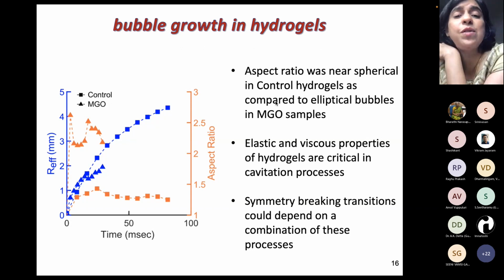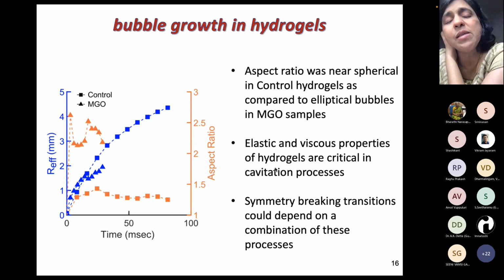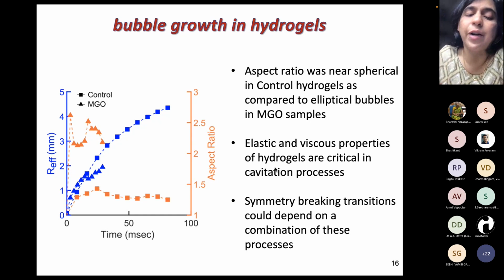Cavitation rheology is useful, but it cannot be used when we use complex strain energy density functions that include strain stiffening, where we cannot model these cavitation behaviors. We also think that both the elastic and the viscous properties of hydrogel are critical processes. Another challenge with using cavitation rheology is we can very easily quantify a lot of these behaviors, including, Anshul has been doing experiments in cornea, which is a really nice hydrogel-like material, where he's able to generate these bubbles and quantify how tough corneal tissues are.